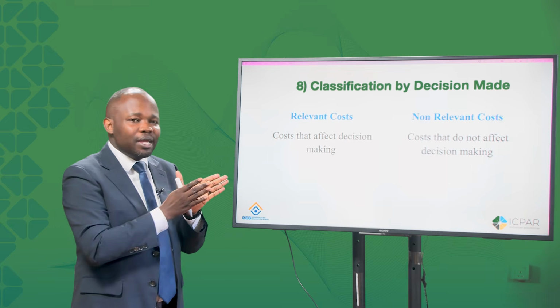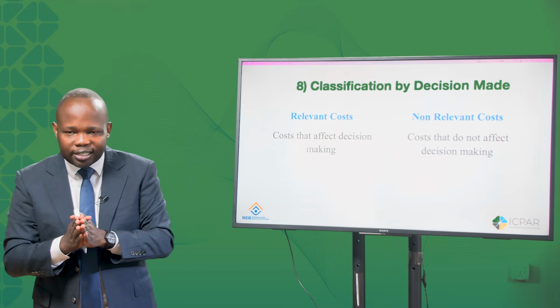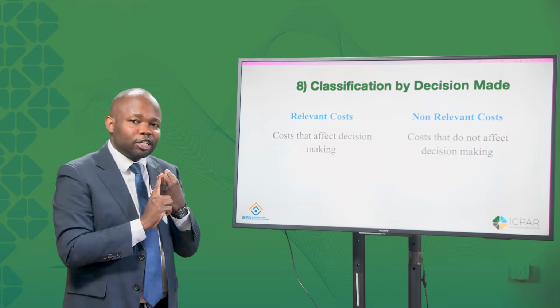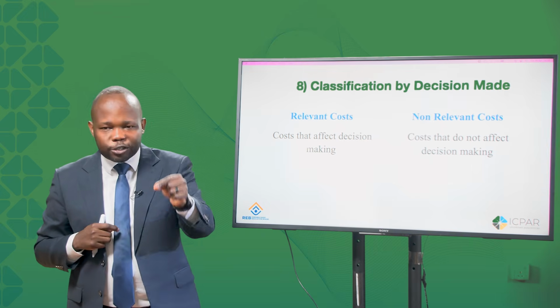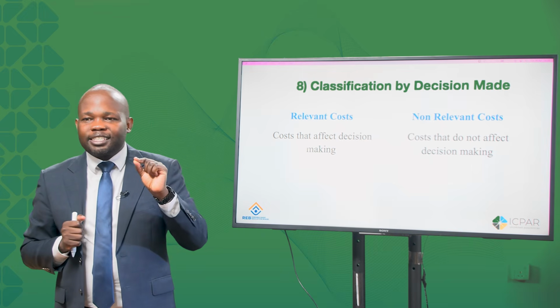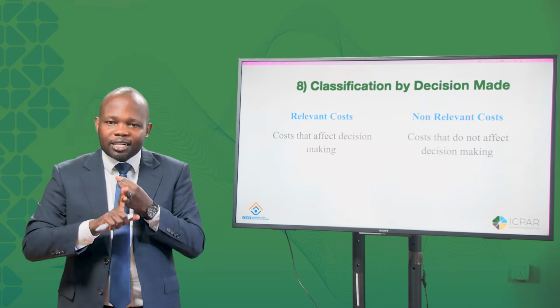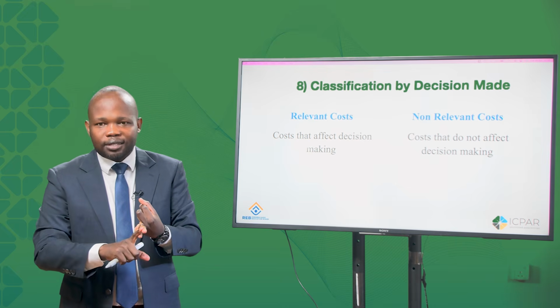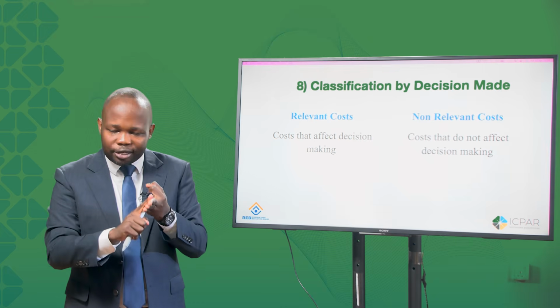For costs to be relevant, they must have certain characteristics. The first characteristic of relevant costs: costs should be future costs, costs to be incurred in the time to come. Number two, the cost must result in cash flows. Number three, the cost must be incremental.